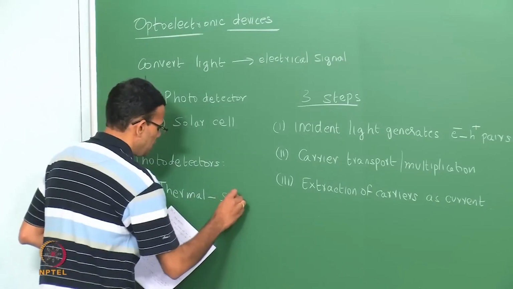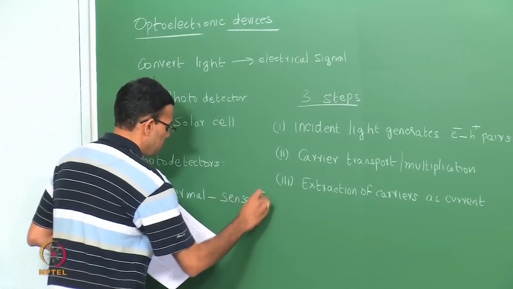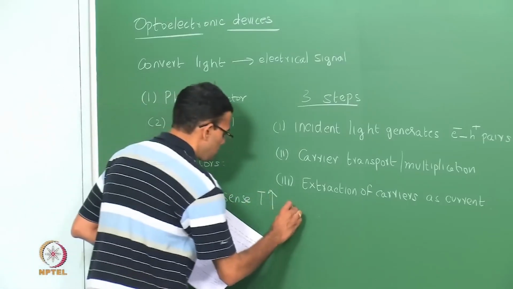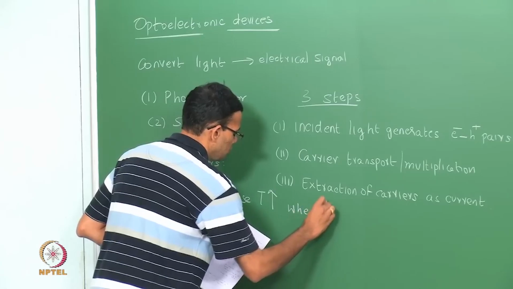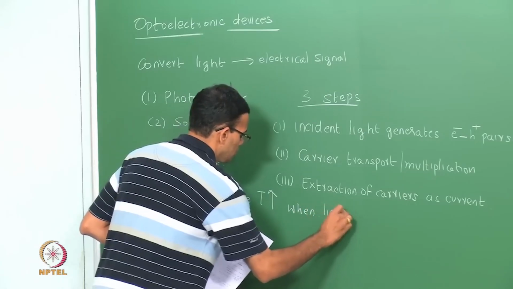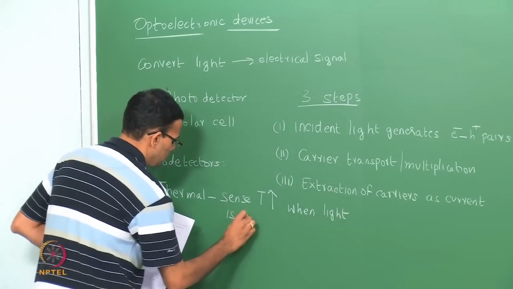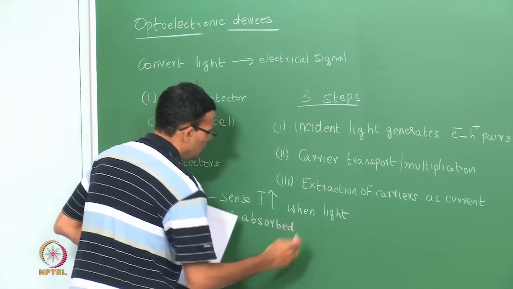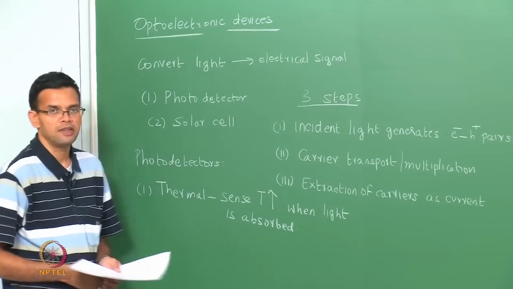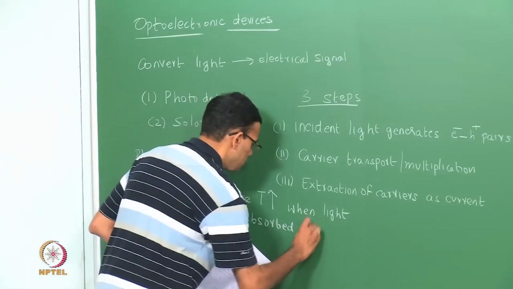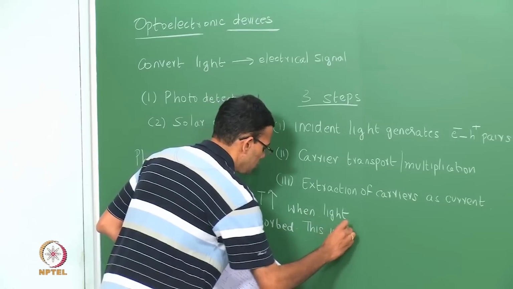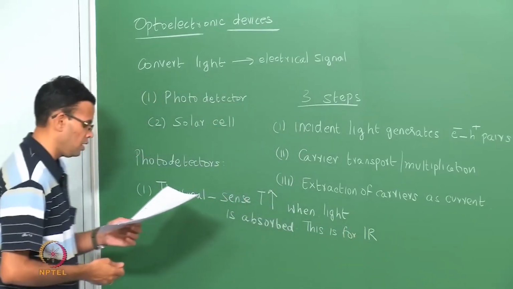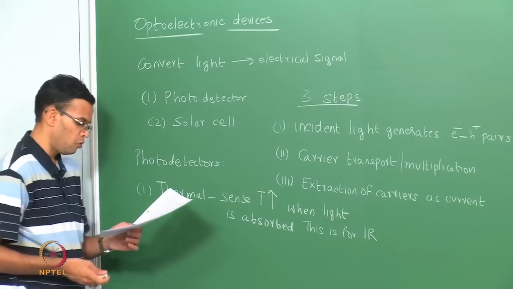So, you sense a temperature rise when light is absorbed. This is mainly used for detecting IR radiation, or infrared radiation.